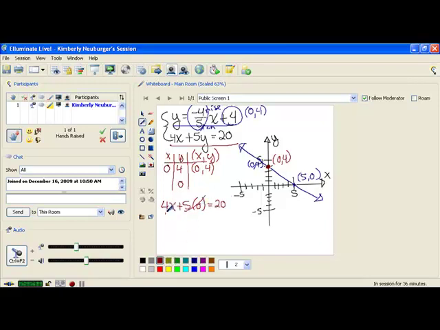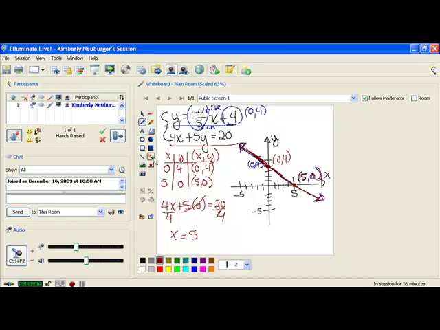Notice that this disappears. I divide both sides by 4, and x ends up being 5. So that gives me the point 5, 0. And then I'm going to go ahead and plot that right here and connect the two red ones, and notice that the red one and the blue one are in the same exact spot.